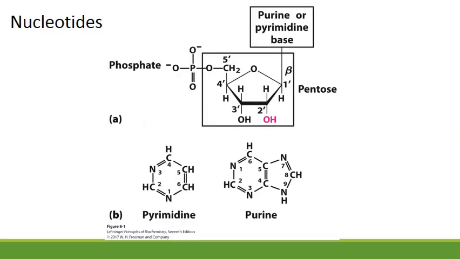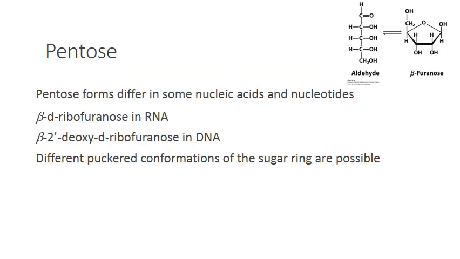Okay, so now I'm going to talk a little bit about the sugar portion of the nucleotide. The sugar portion of the nucleotide is made up of a pentose sugar, and the form of that pentose sugar differs between nucleic acids and nucleotides.